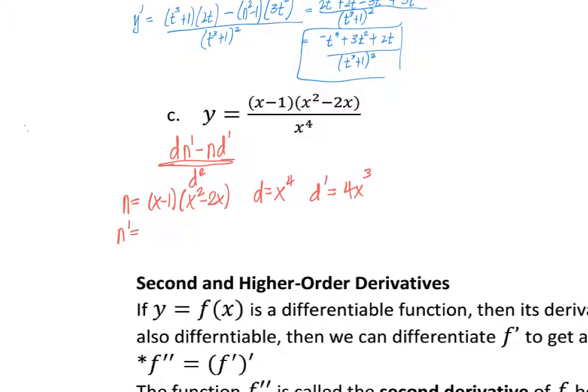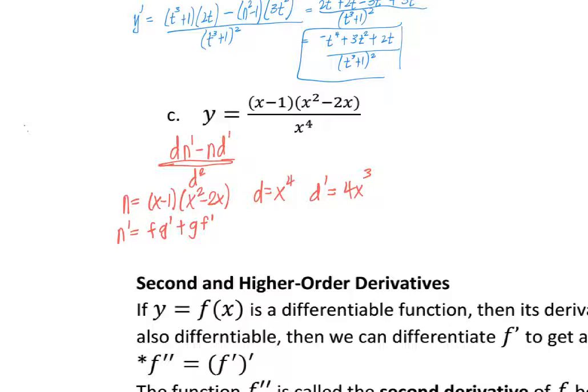So let's perform a product rule with this numerator. Remember, the product rule is the first times the derivative of the second plus the second times the derivative of the first.